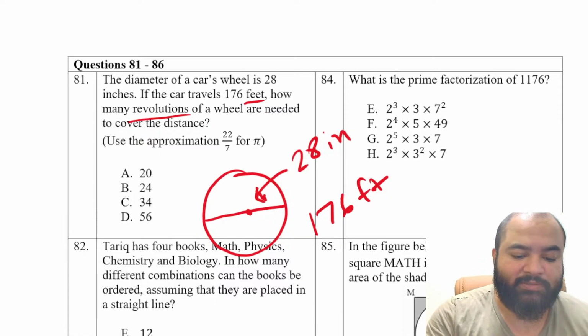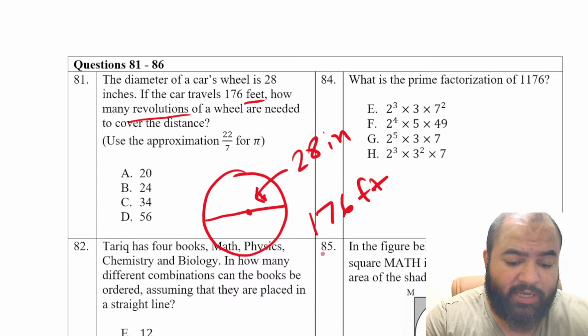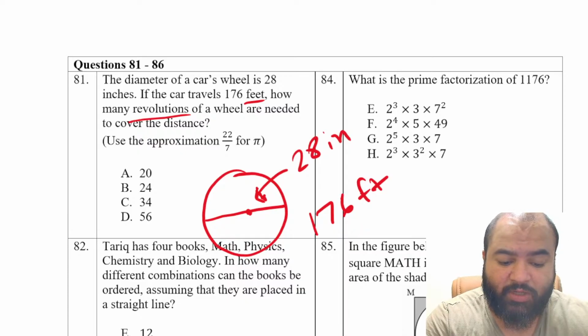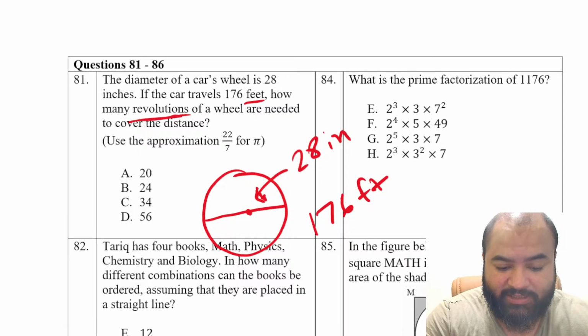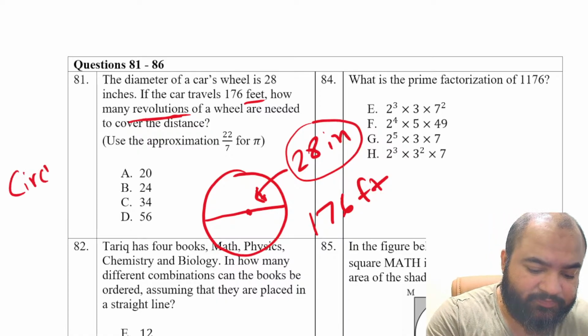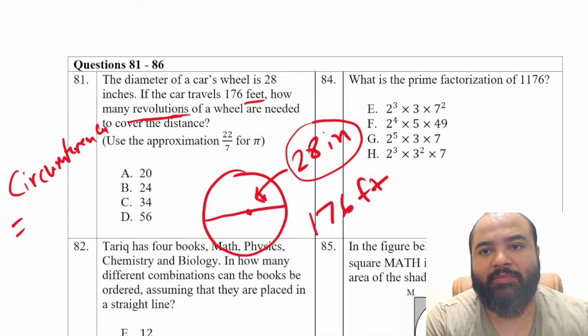Mainly circumference. This is going to help with both 8th grade and 9th grade, so don't worry. So yeah, we're looking for the circumference of the circle. That's what one revolution is. So with 28 inches diameter, what is the circumference of this circle? What is the formula to find the circumference? Somebody tell me in the chat.